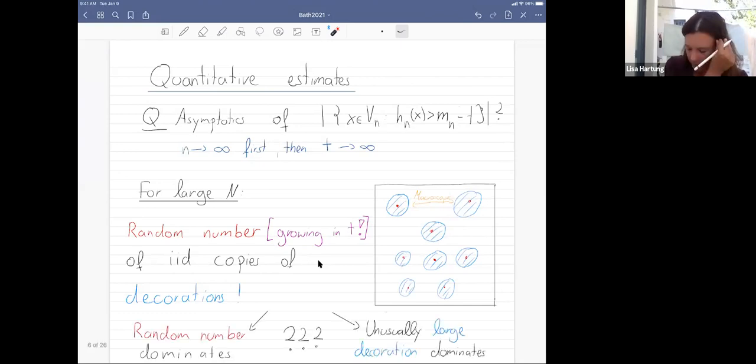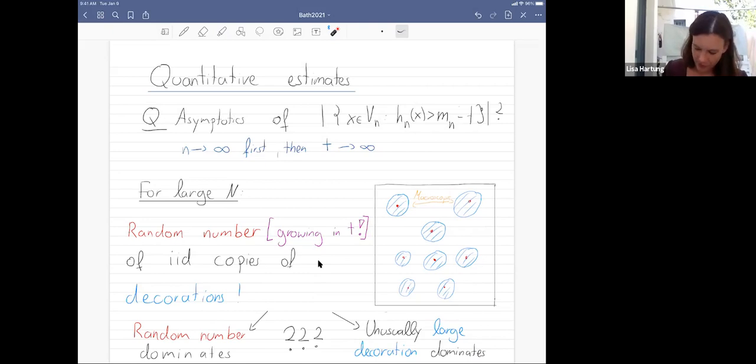So somehow the leading question will be, if we look at the number of points contributing to the level sets, will it be dominated by just the higher number of extreme local maxima, so more red points, or by sampling more copies of these blue areas? Are we going to see that the level set is dominated by an unusually large copy of this process?